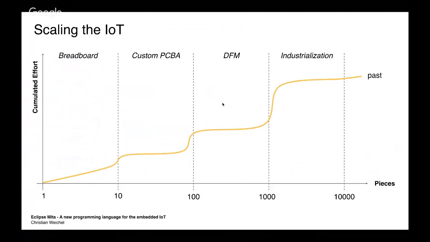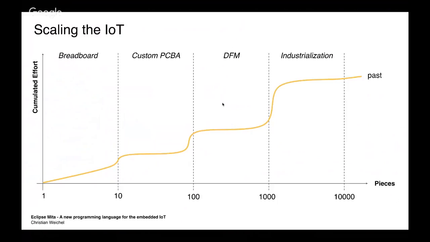That is, for example, certification, CE, FCC certification, or the Radio Equipment Directive in Europe. And for all those certifications, you'll want to be really, really sure that you know what your device does. The same goes for when you have that in the market, because once you have 10,000 devices out there, updating them is really difficult. So, but in terms of hardware, we've always had these step functions.